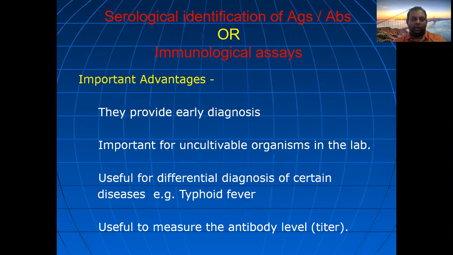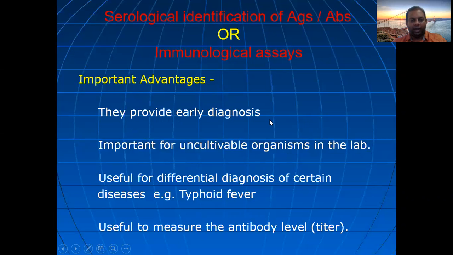So, about serology first. Here we are not dealing with culture methods or direct tissue visualization. So, serological identification or detection of antigen or antibodies by means of immunological assays. There are important advantages.